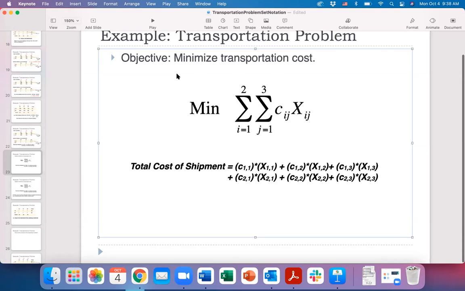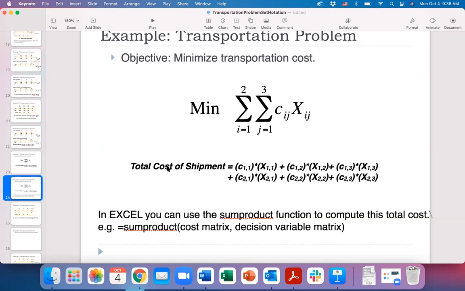And that's true for the objective function only. We're learning how to write the objective function. What I'm saying does not apply to constraints. We'll go over that separately. This is just minimizing transportation cost.